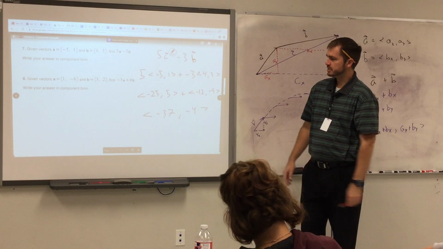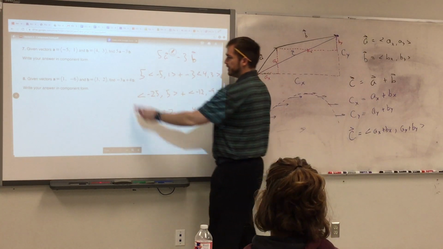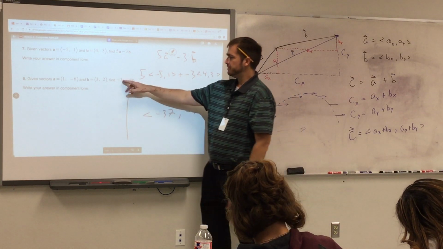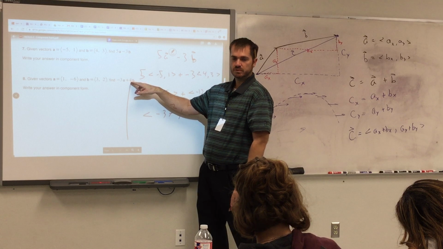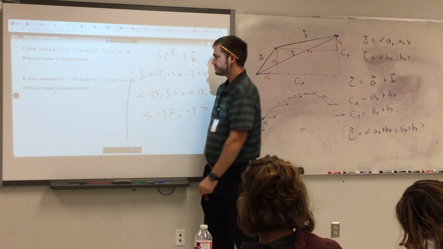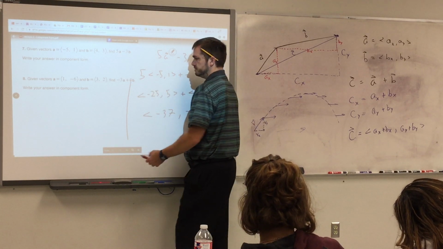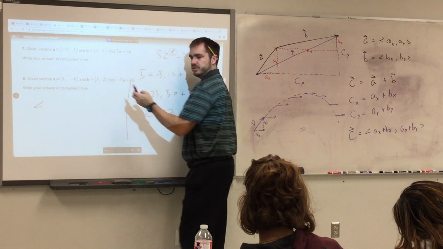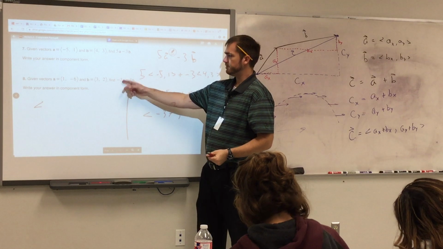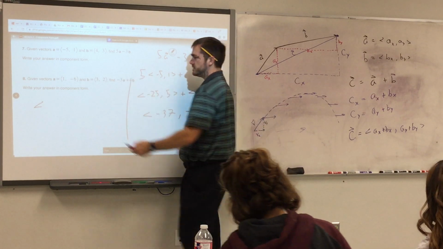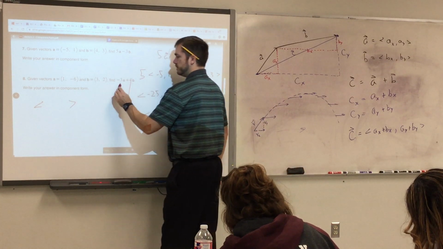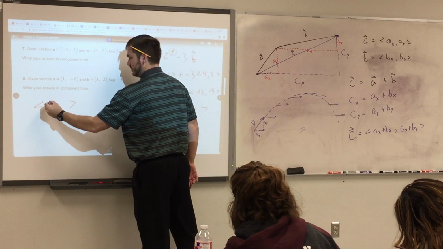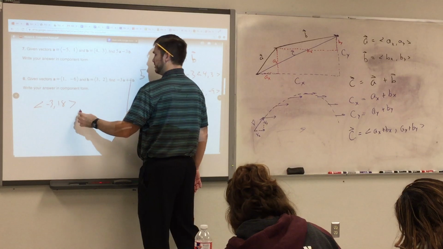Do we think we could almost do this one? Let's do number 8 together just real quickly, because we've got time. So it's going to be negative 3A plus 4B. We might be able to simplify it. Negative 3A, let's just go ahead and do that first. So it's negative 3 times the x, negative 3 times the y. So what's the new one going to be? <-3, 18>, yep.